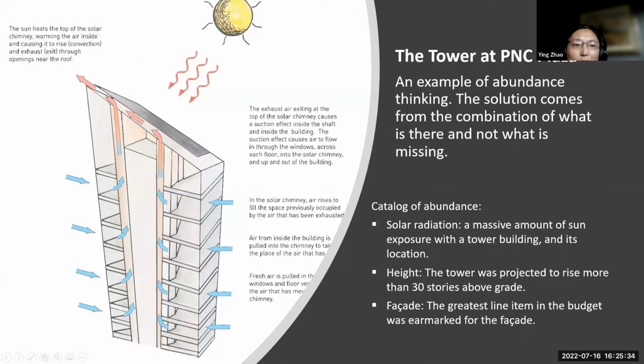Another example, just a short example I want to share, is from a building company I worked at previously. They're a green building consultant, so they really like the abundance thinking approach, and they are a pioneer for green building and design in the US.